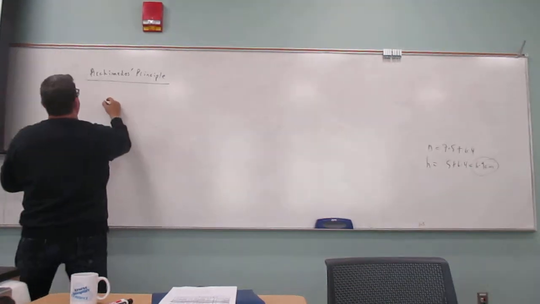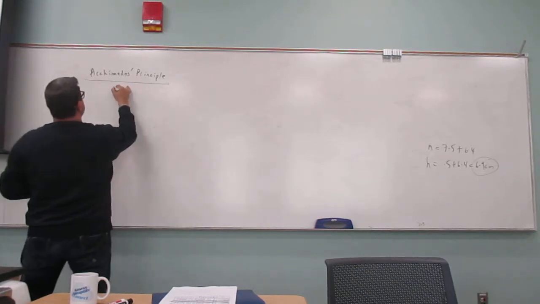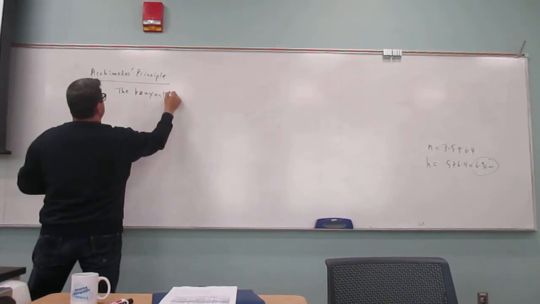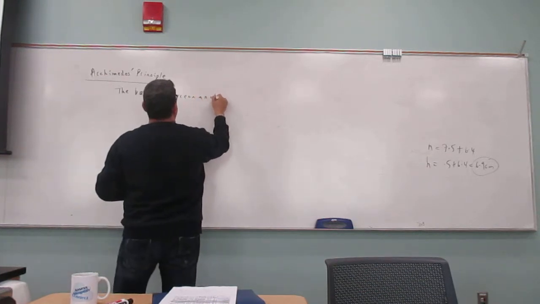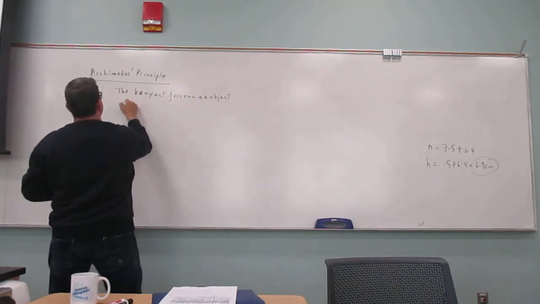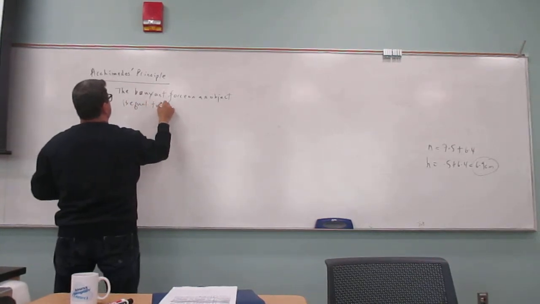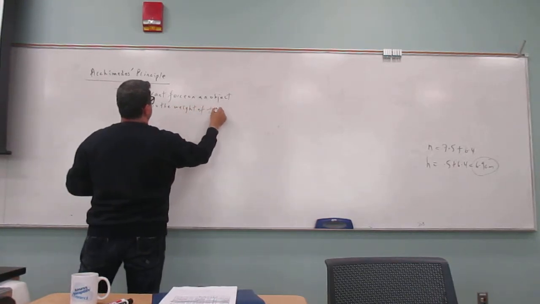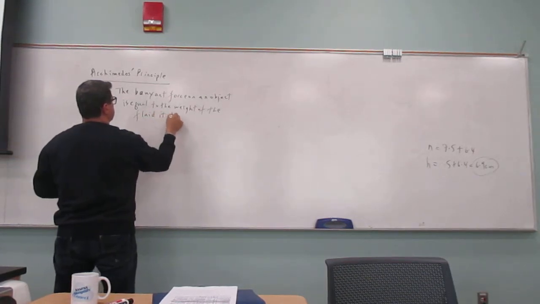Archimedes' principle. So the general principle is that the buoyant force on an object is equal to the weight of the fluid it displaces.